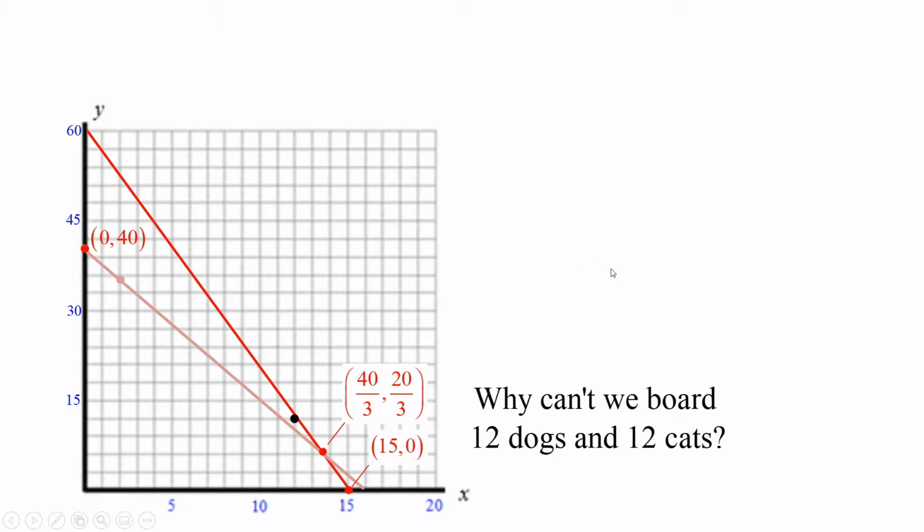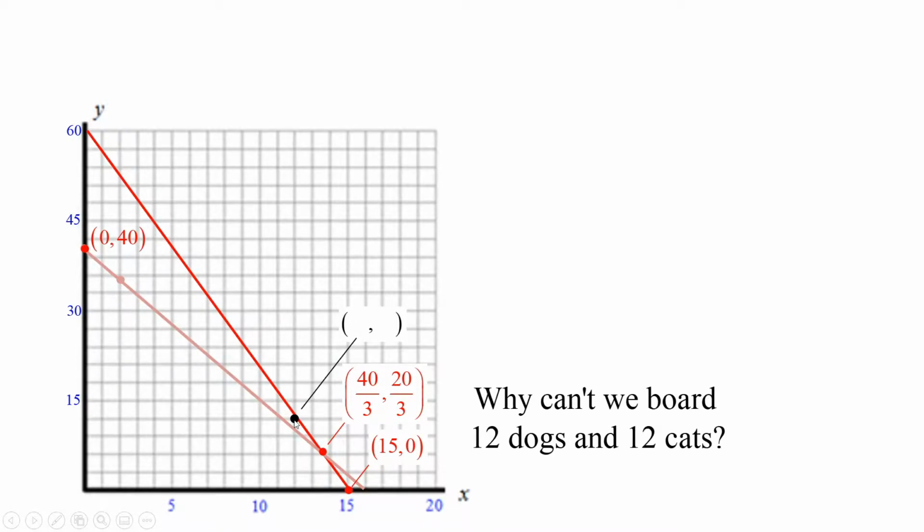Now, think about the constraints that we dealt with in 5.1. All of the ordered pairs representing X, the number of dogs, and Y, the number of cats that we could board, would have to fall within what we call a feasible region. And that's the region on or below both of these boundary lines.